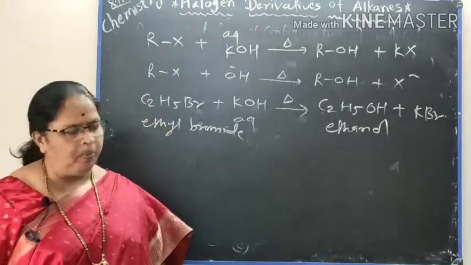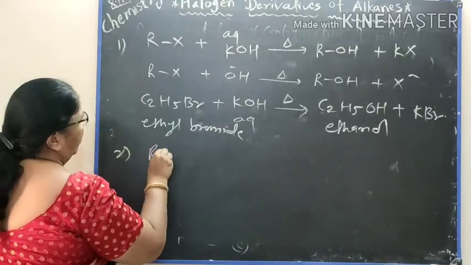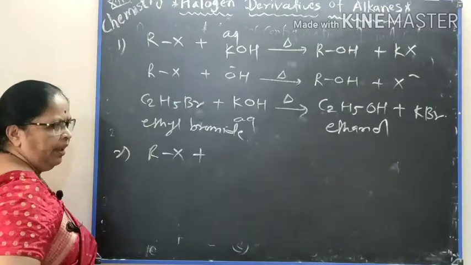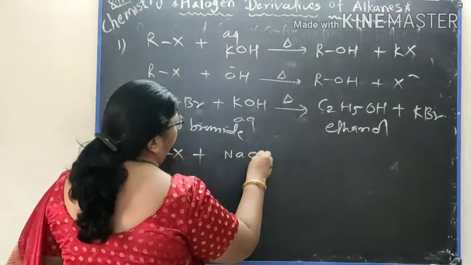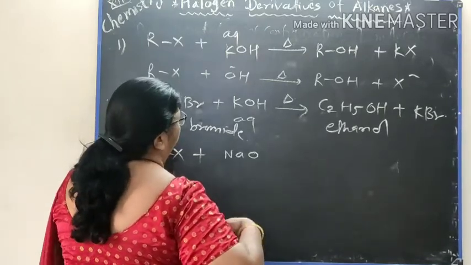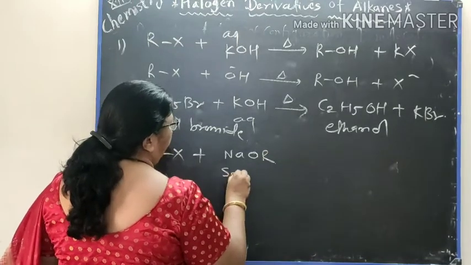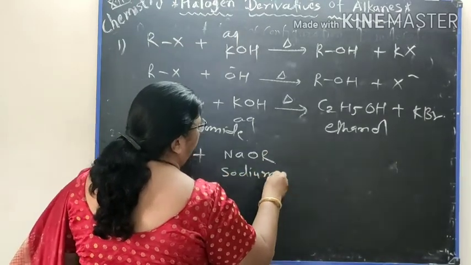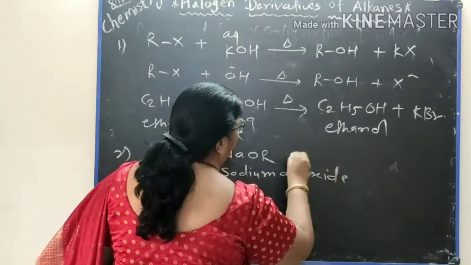Second reaction, that is alkyl halide RX is treated with sodium alkoxide. You know that NaOH is sodium hydroxide, and when in this sodium hydroxide the hydrogen is replaced by an alkyl group, it is called sodium alkoxide.